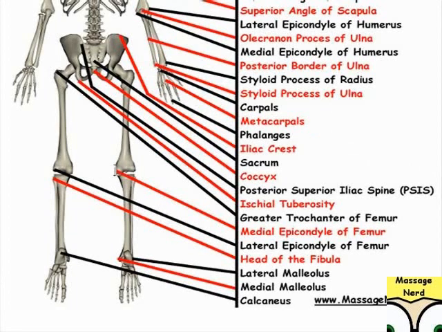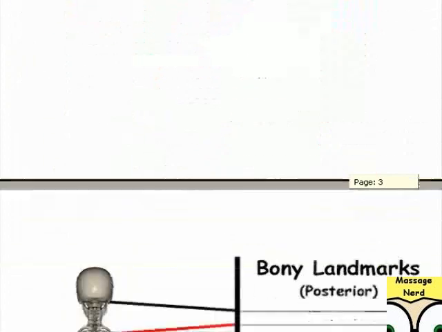Medial epicondyle of the femur, right here. Lateral epicondyle of the femur, right here. Head of the fibula. Lateral malleolus. Medial malleolus. And calcaneus, your heel. Now I will give you some time. You can practice on your own.